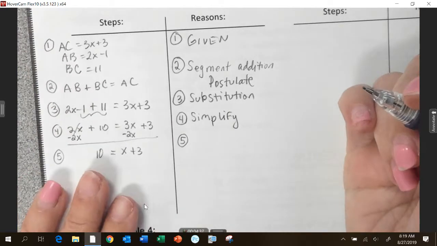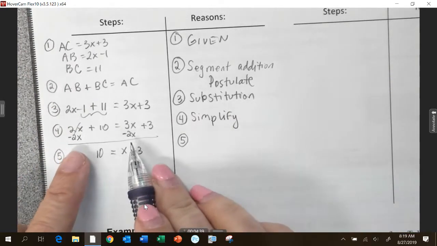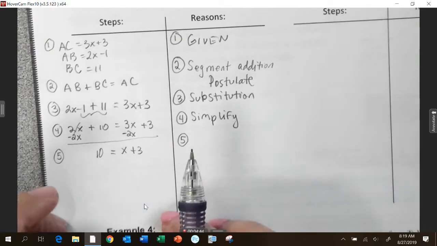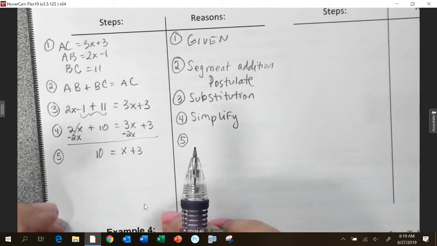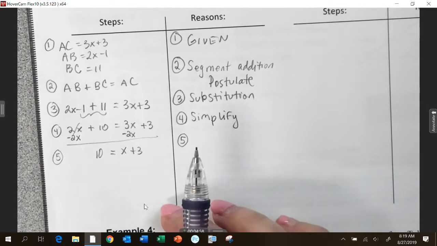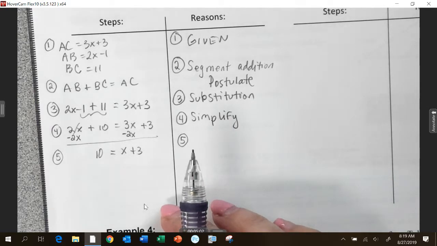So what property allows us to subtract something from both sides of an equation and it's still equal? So if you don't know these, they're on here. Plus this one was in our assignment. Subtracting stuff from both sides was in our assignment.